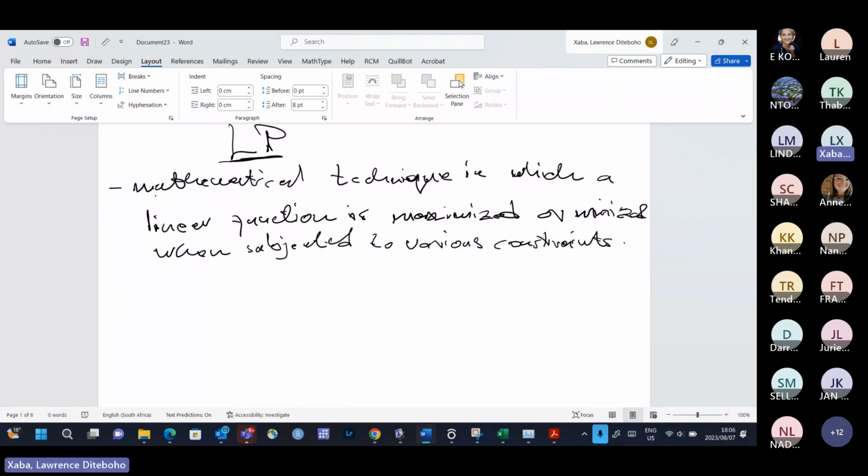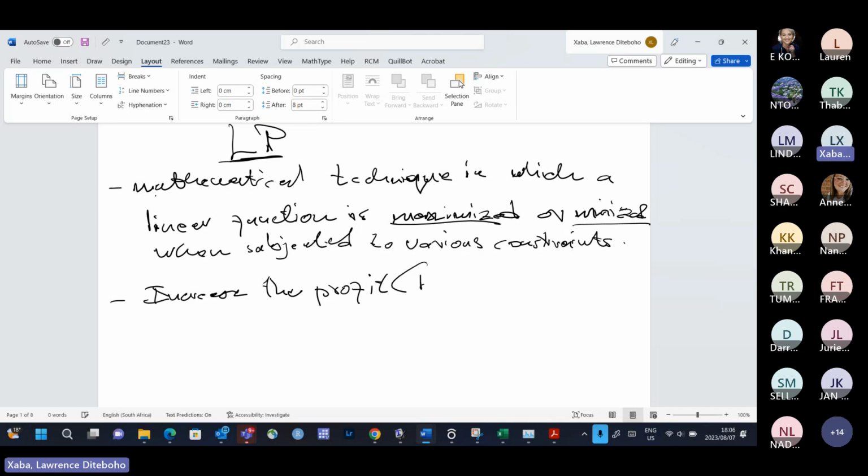But in a nutshell, I would say the whole idea of linear programming is to maximize and to minimize. In a business context, when you see the word maximize or minimize from LP, if the problem is about increasing, we increase the profit.